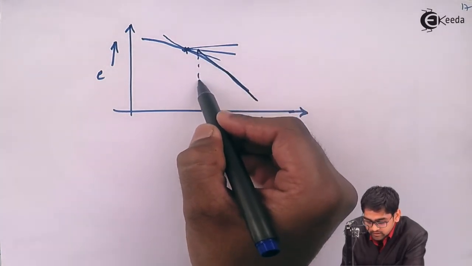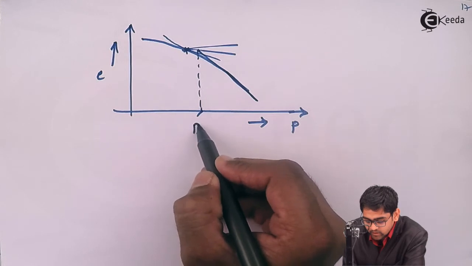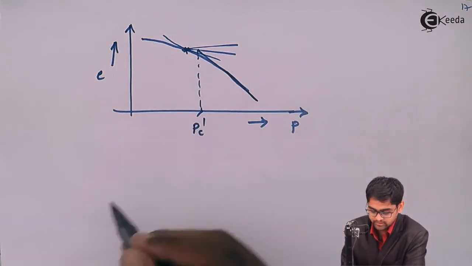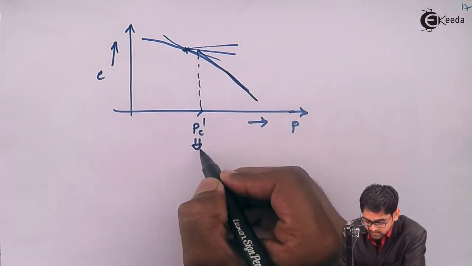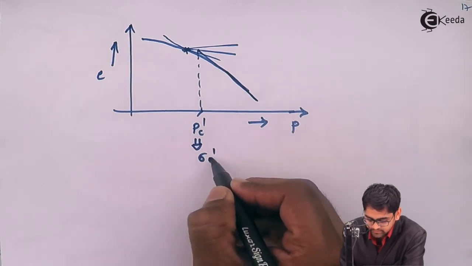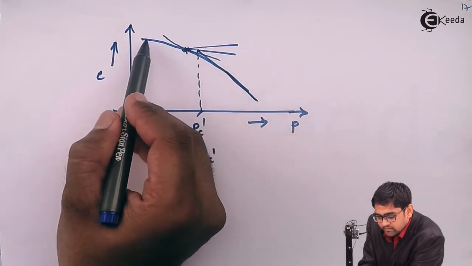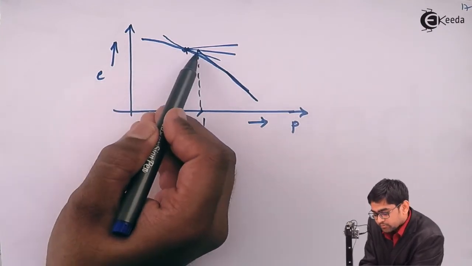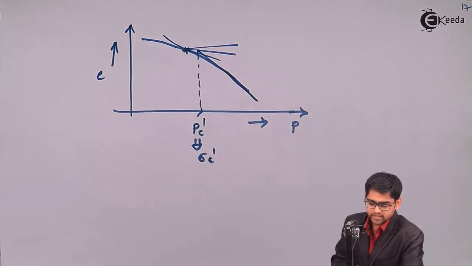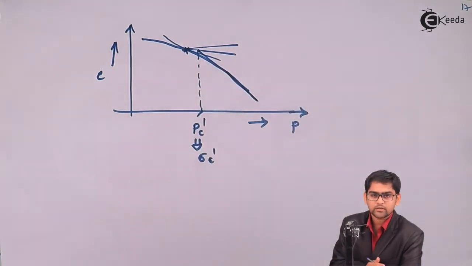The stress corresponding to this point we call the pre-consolidation stress, or sigma C dash. Therefore we recognize that this part is the recompression part and this part is the virgin compression part.